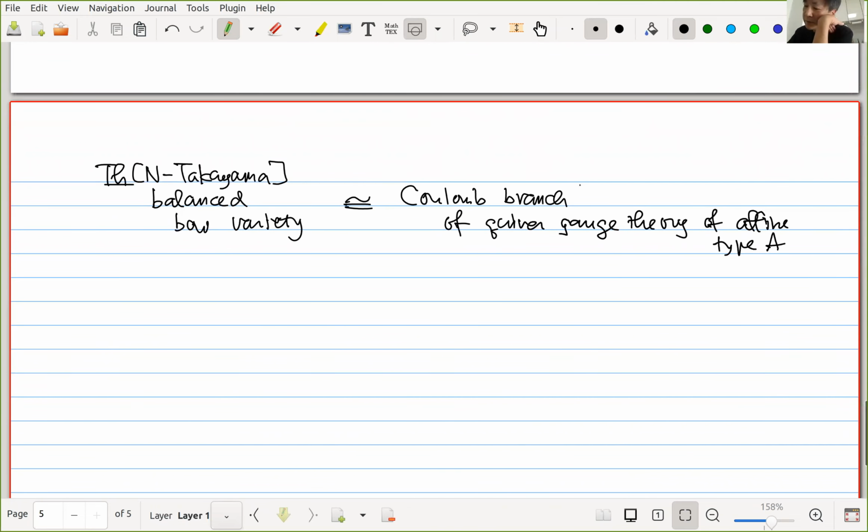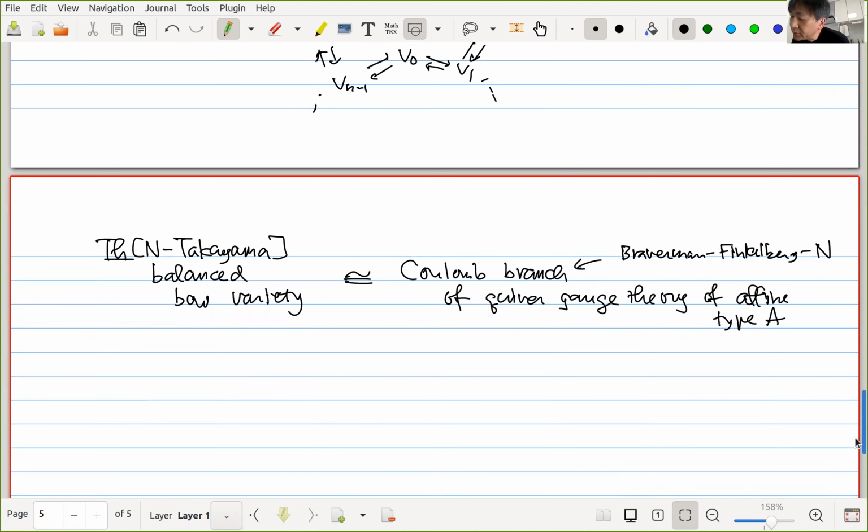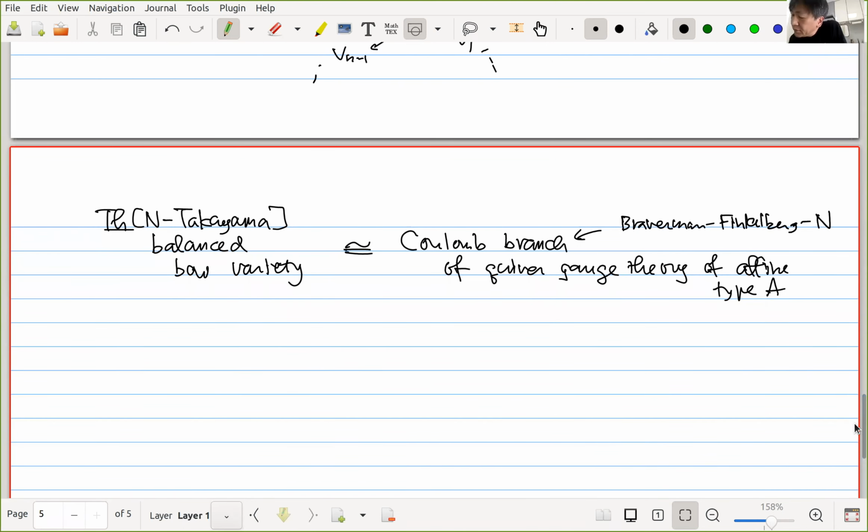So this Coulomb branch was defined earlier in my joint work with Braverman and Finkelberg. These discrete parameters appear. There are various variants of the Coulomb branch. The most fundamental one is the spectrum of a commutative ring.